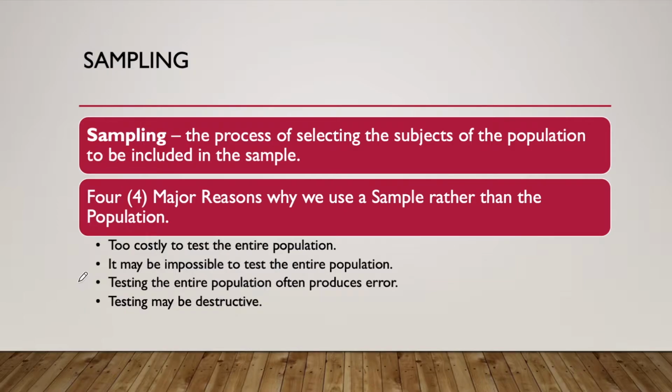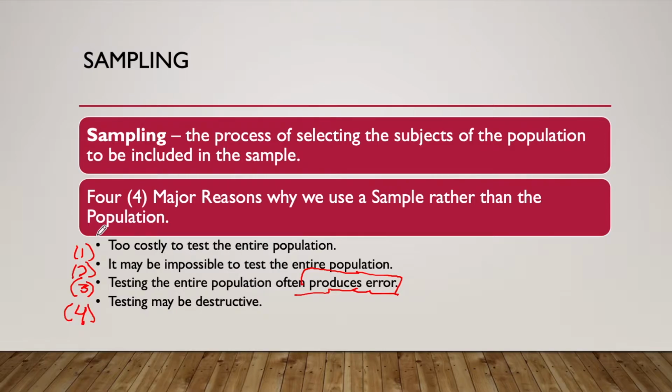Number three, testing the entire population often produces error. And number four, testing the population may be destructive. For example, if you're testing something about the organs of human beings, you would need to test everyone's organ, so it may be destructive. That's just one example.